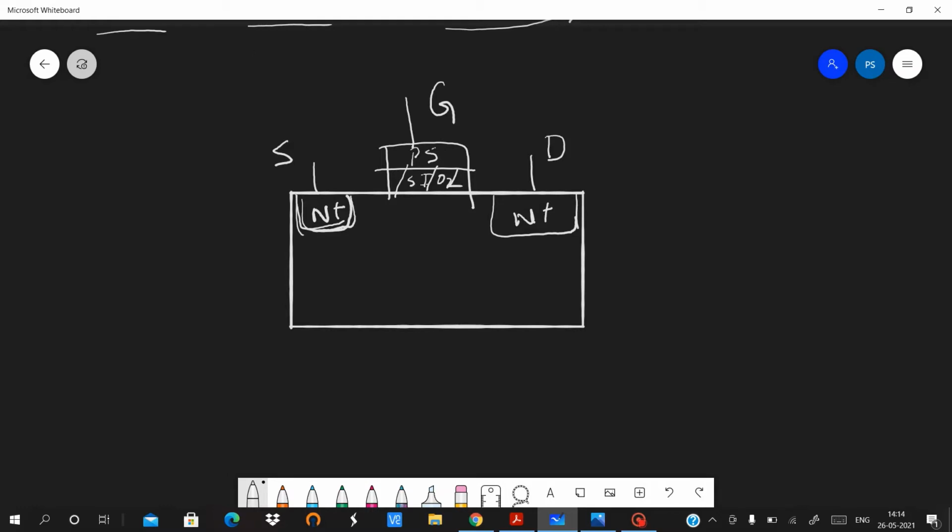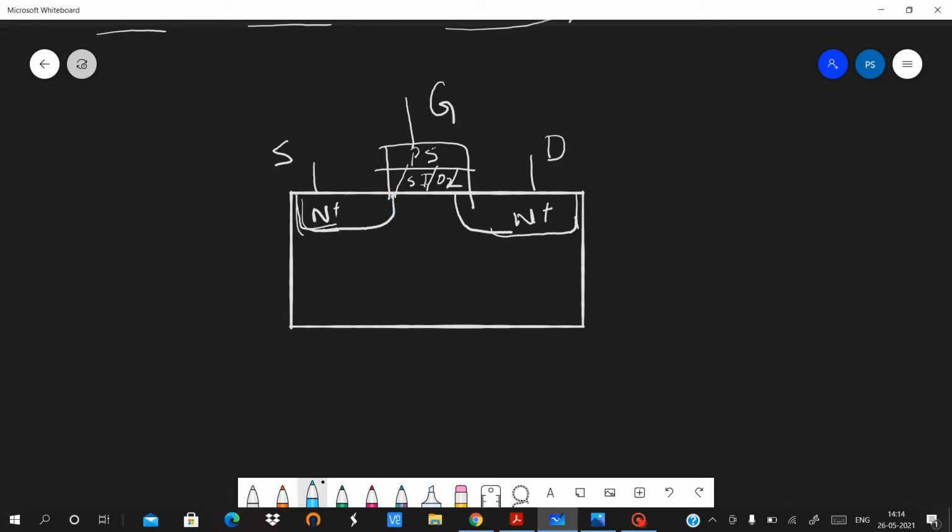Now the channel is actually created, actually I have to draw it like this, something like this. So this area is the area under SiO2 where the channel will be created.